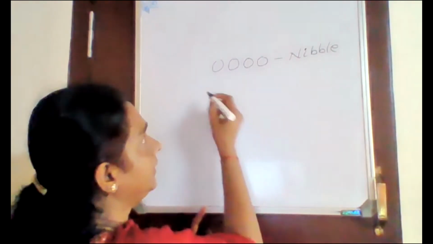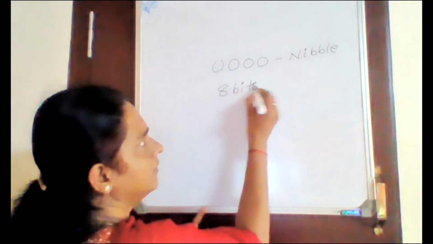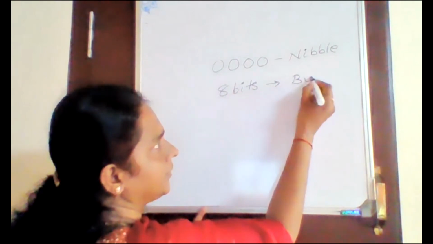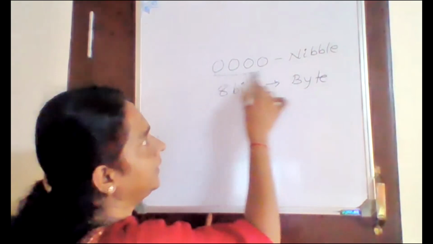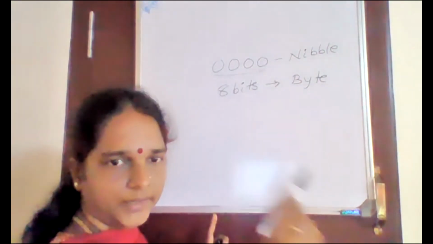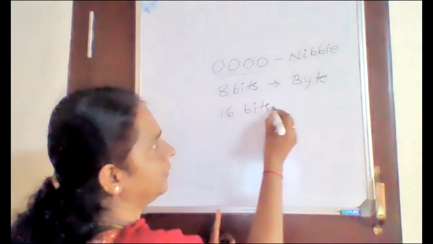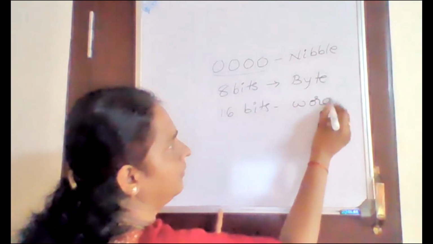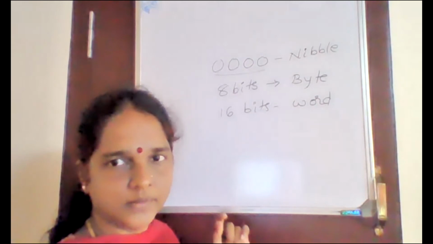A binary number with 8 bits is called a byte. 16 bits are called a word. Sixteen and more than 16 bits are termed a binary word.